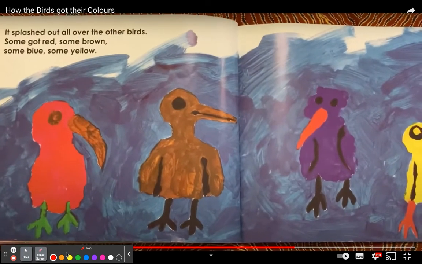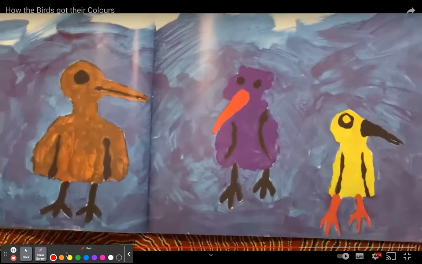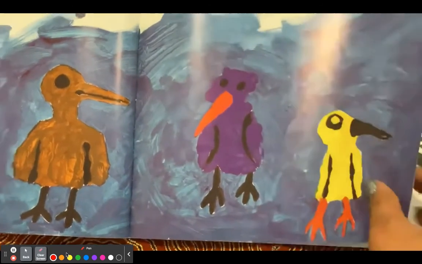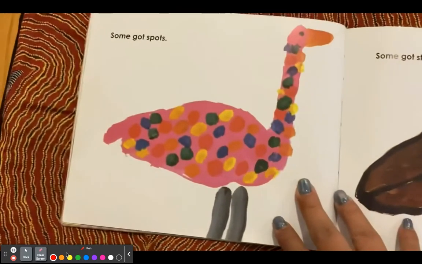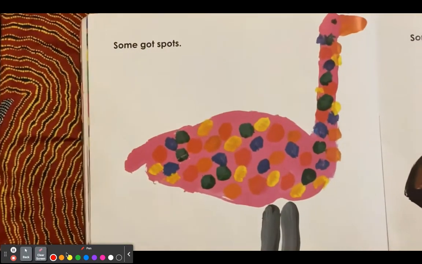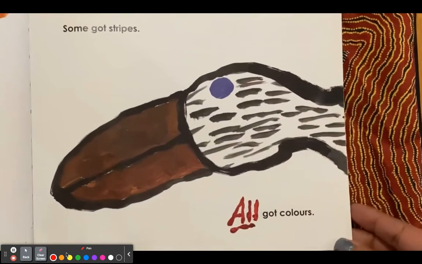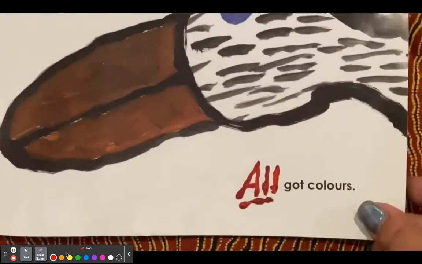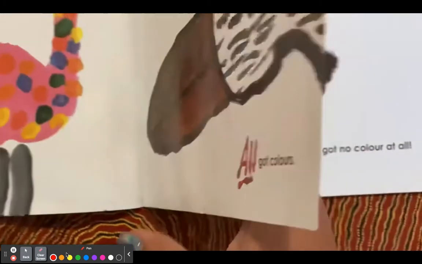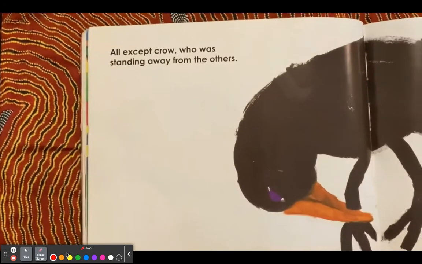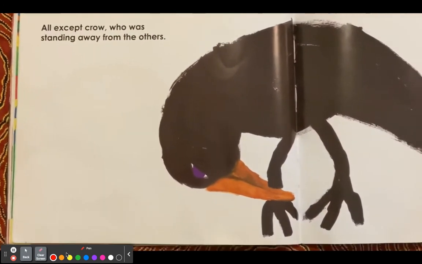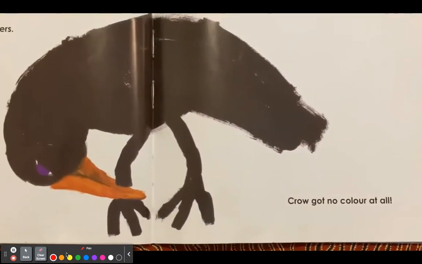Other birds, some got red, some brown, some blue, some yellow. Some got spots, some got stripes, all got colours. All except Crow, who was standing away from the others.